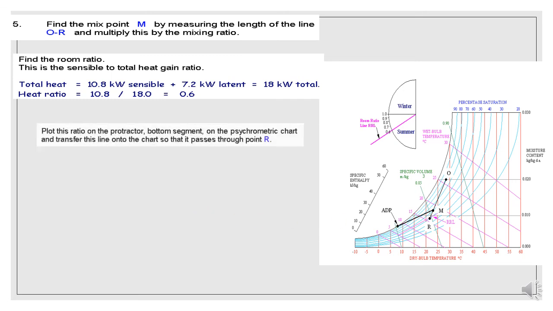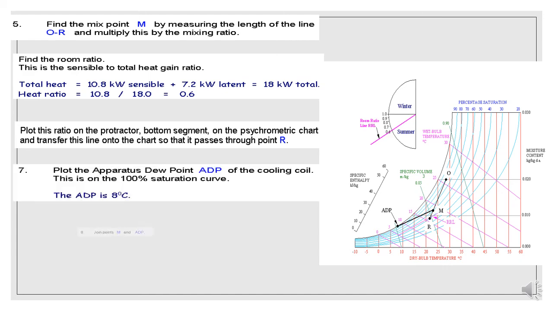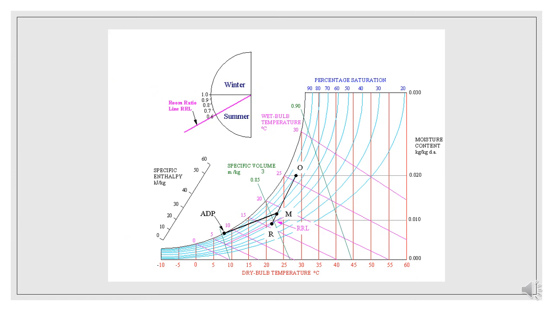So let's look at the next step. Okay, now it's bigger, right? So you can see better. So we already have these 1, 2, 3, 4 points, and we also already have the RRL, also known as RSHF, the room sensible heat factor, by the calculation that we have done just now.